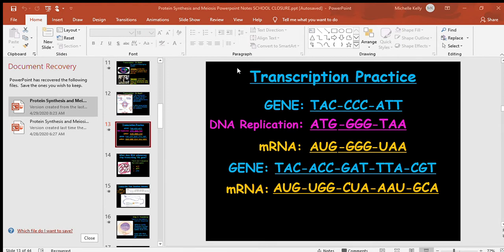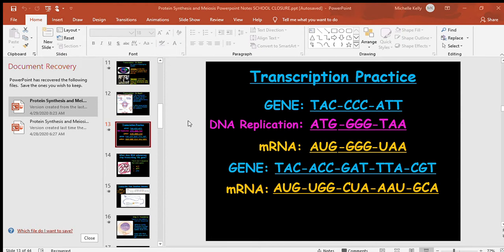If you read an A, you would put a U there, and if you read a C, you put a G, right? And of course, these bases here, these nitrogenous bases in yellow, are RNA. They're not DNA molecules or DNA nucleotides, which is why there's a U and not a T. Okay, CCC would be GGG, ATT would be UAA.